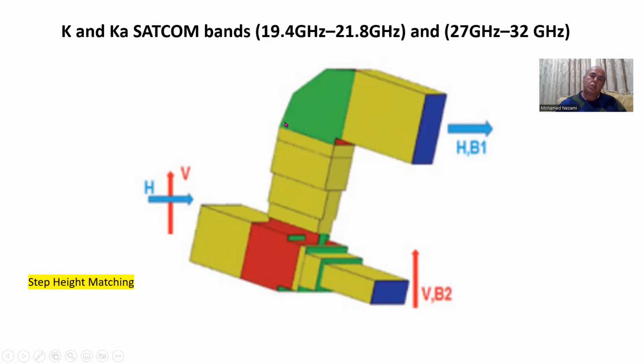Of course, in this case, you have an E-field bend. So that's a standard design also. You can pick that. You can look in the literature. They give you the suggested dimensions for optimal, best return loss.